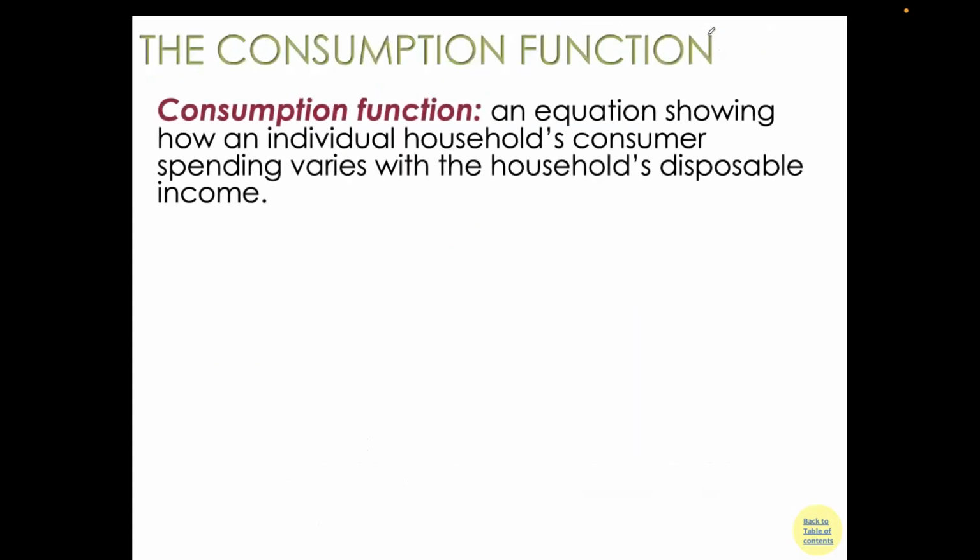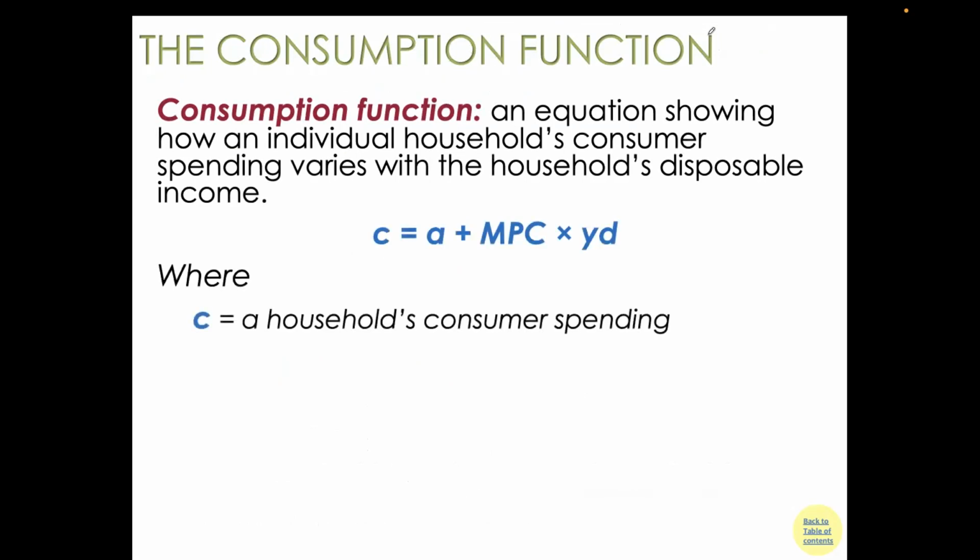Now we are ready to have a consumption function. Essentially, this function tells us how our consumption behavior will look, depending on some key factor, which is disposable income. So this is the equation.